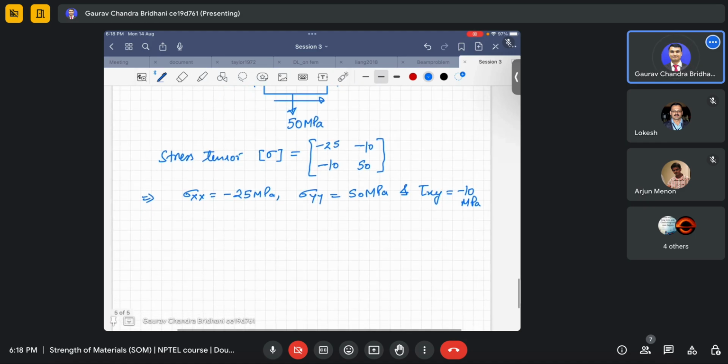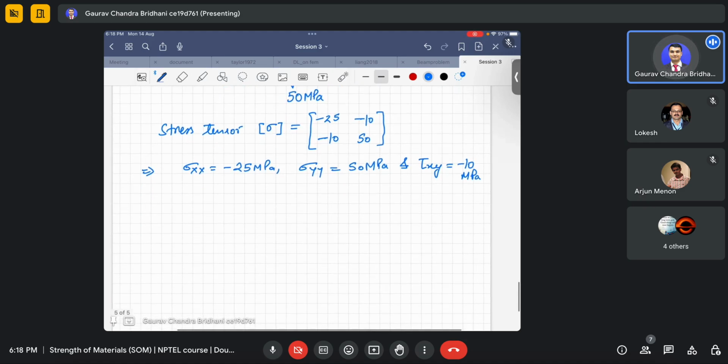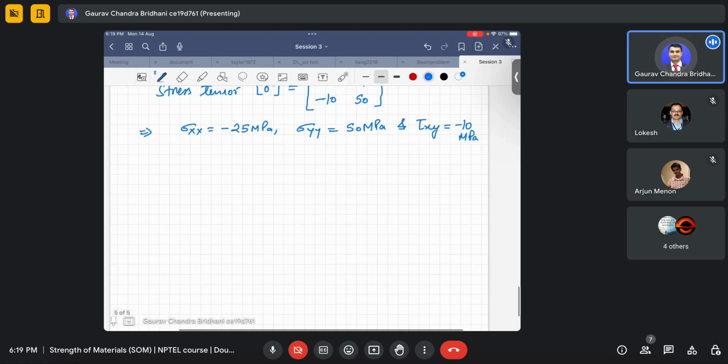Now, because we need to find the center as well as the radius of the Mohr circle, let's first write the equation of Mohr's circle.